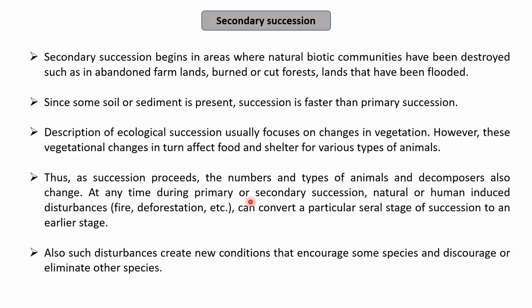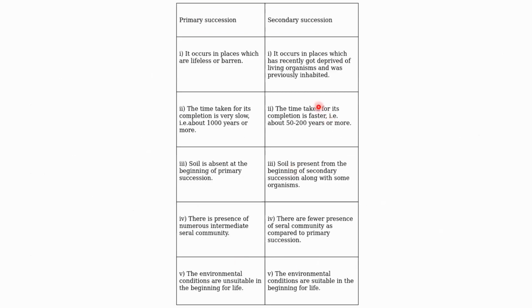Also, such disturbances create new conditions. The same disturbances may create new conditions that may encourage some species and discourage or eliminate other species. So these are the basic differences between primary and secondary succession.